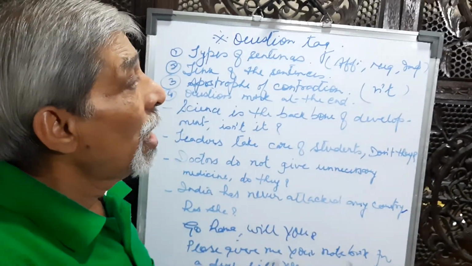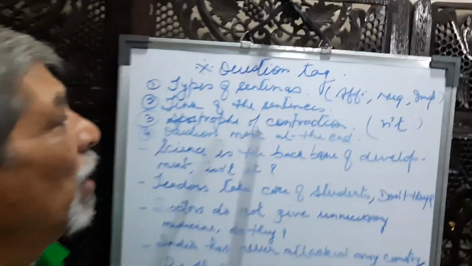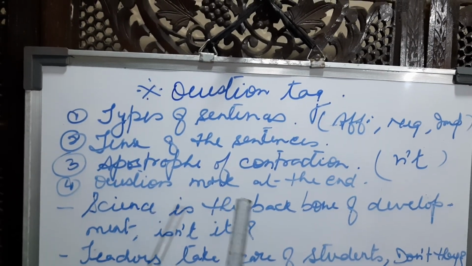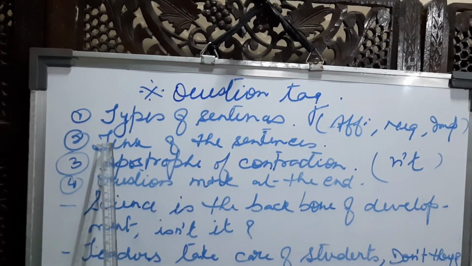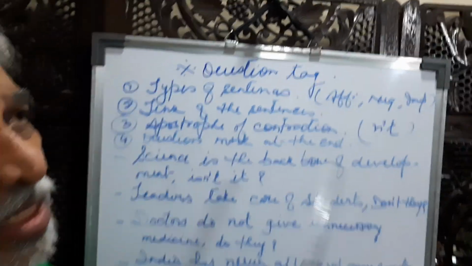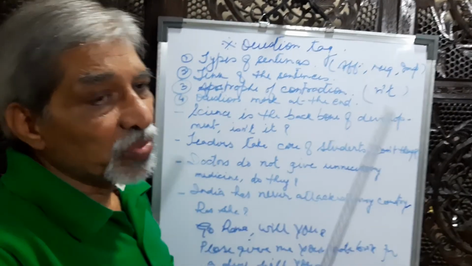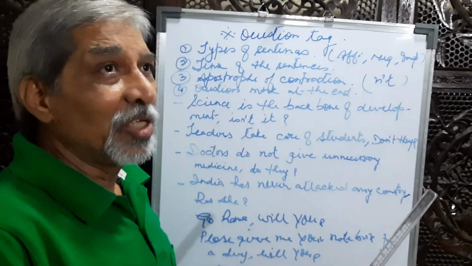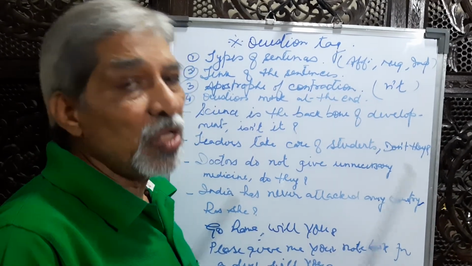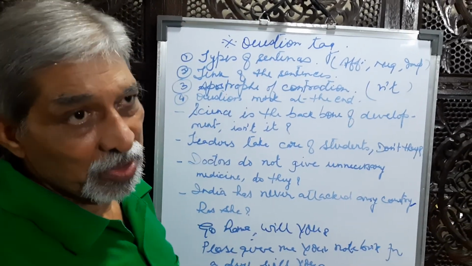After that, we have to understand the tense of the sentence. Why the tense? Because from the tense we will determine what auxiliary verb is to be used.